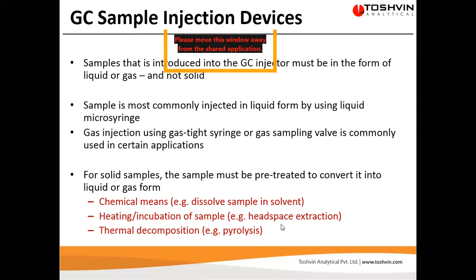These two techniques I'll be explaining in the coming slides. If some of you don't know what headspace extraction and thermal desorption are, I'll explain in short what they are. These are the three things by which you can convert solid into liquid for your GC analysis.